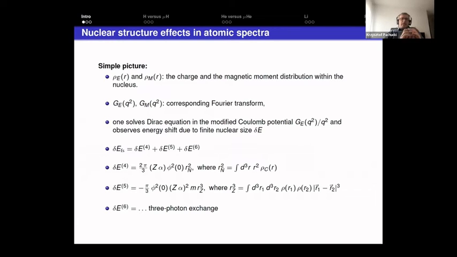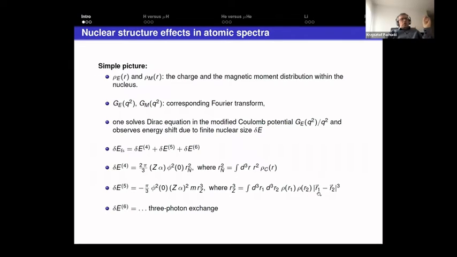But in the simplified model, when we treat the nucleus as a rigid body, the contribution at this order in alpha is given by the third Zemach radius, or sometimes it is called the Friar radius, which is probably the proper name.